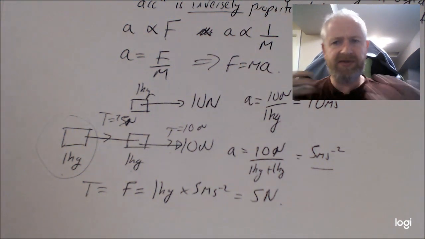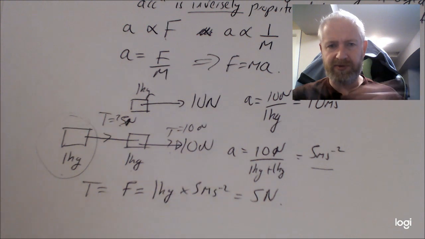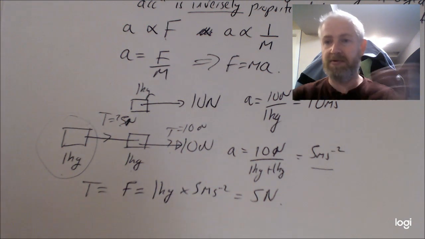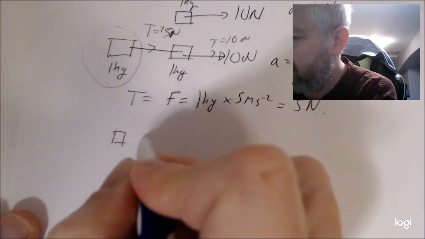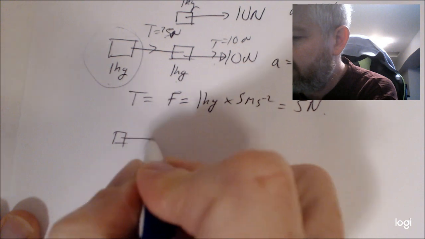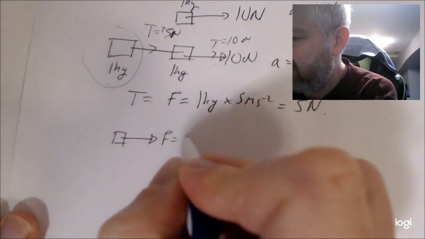But what about situations where we've got an amount of force, and maybe we get friction acting in another direction? Suppose at this point I've got one block pulling this way with a force of 20 newtons.